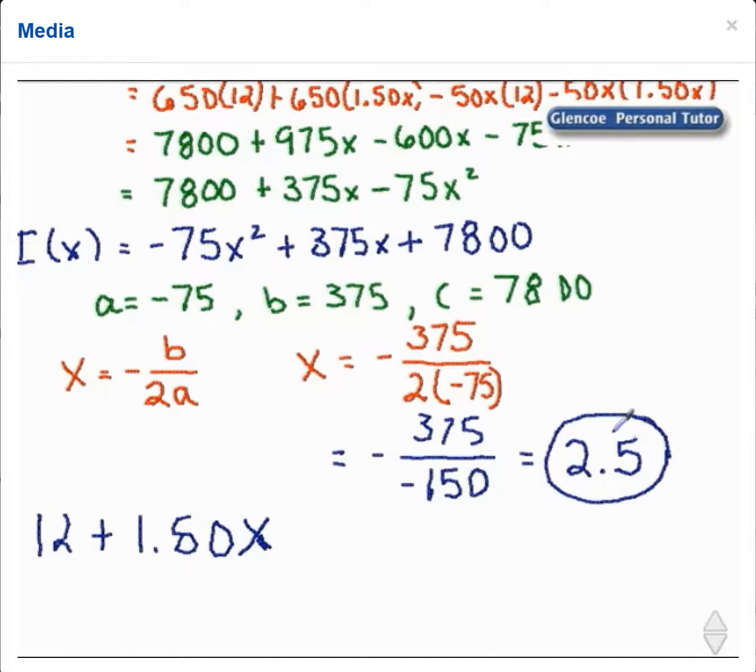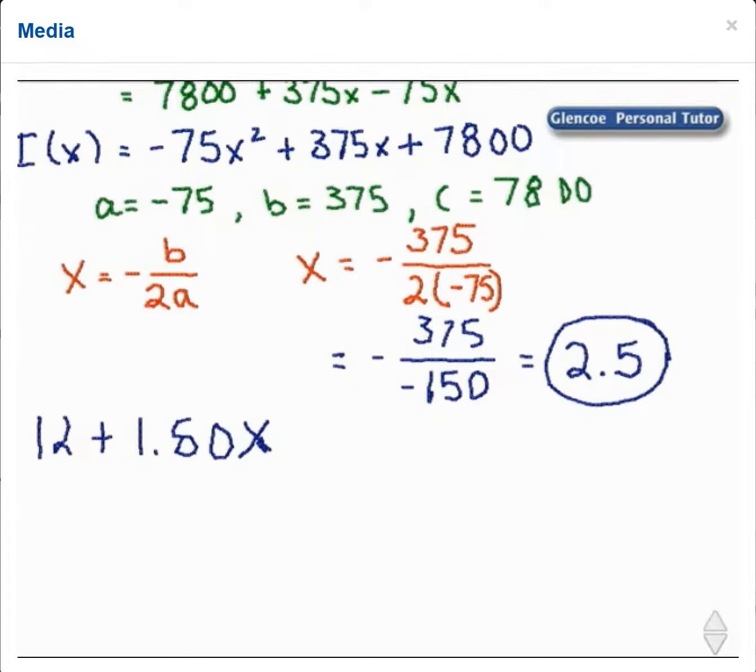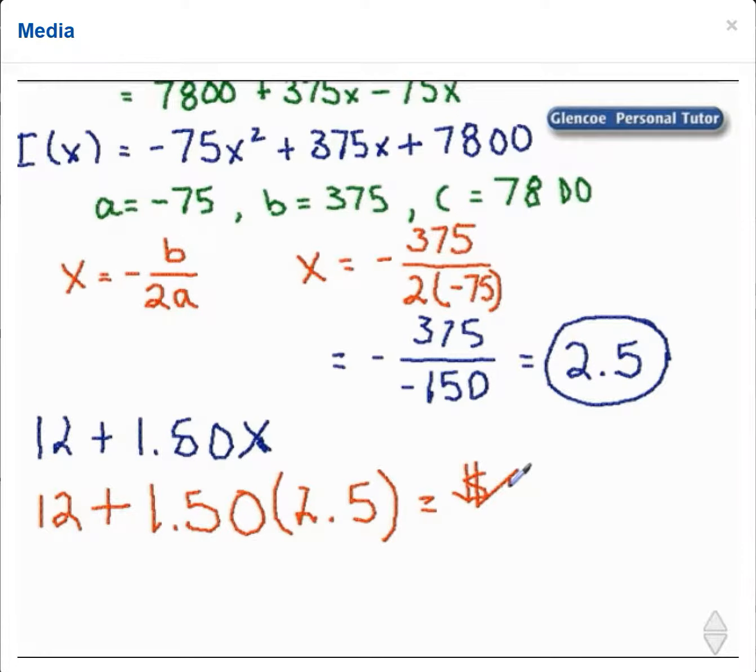So if we substitute 2.5 into this, we will have 12 plus 1.50 times 2.5, which will equal $15.75 per ticket for her to maximize the income for the amusement park.